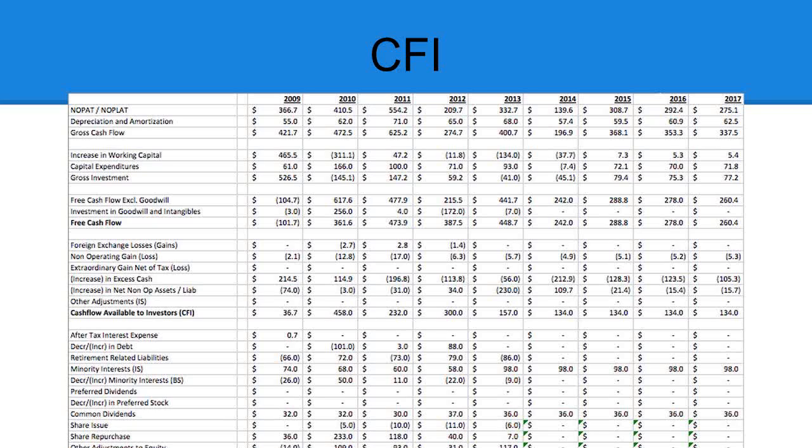From 2013 to 2014, the free cash flow, excluding goodwill, also drastically decreases, which affects the free cash flow because that ends up decreasing as well. And then the increase in net non-operating assets and liabilities causes the cash flow available to investors to decrease throughout the rest of the years.